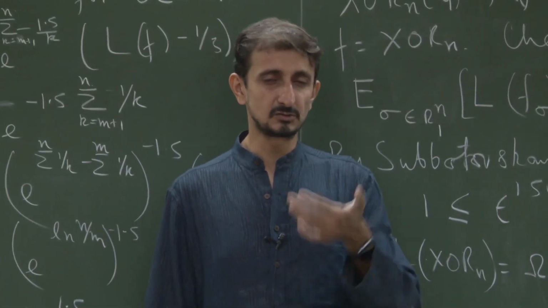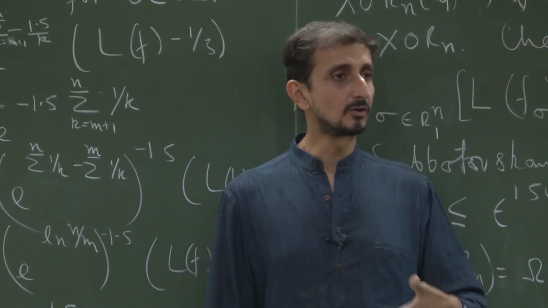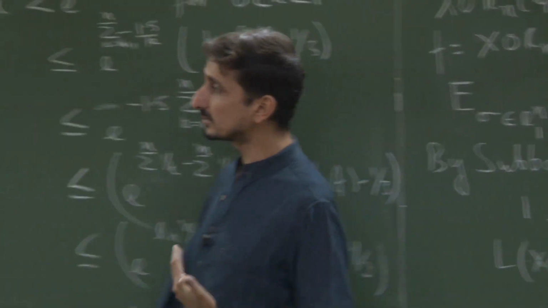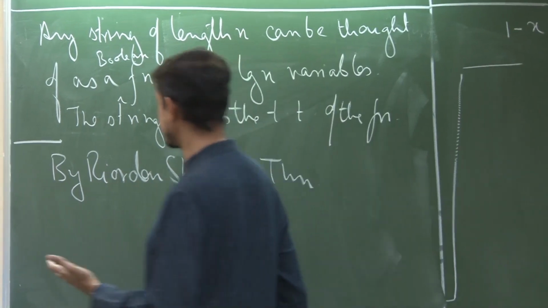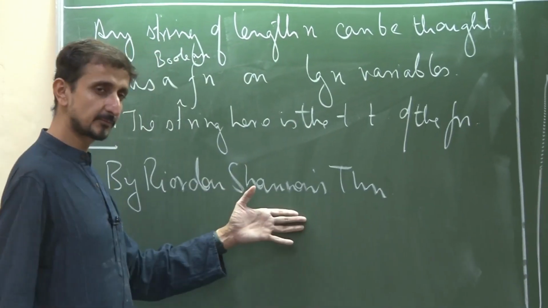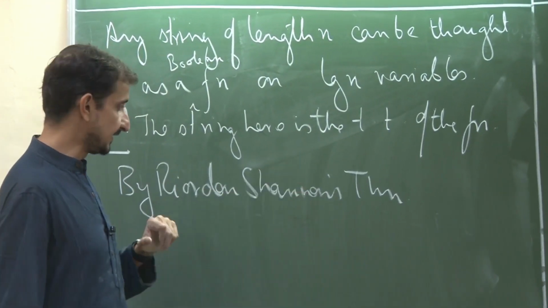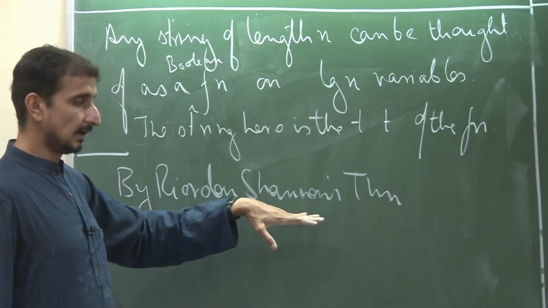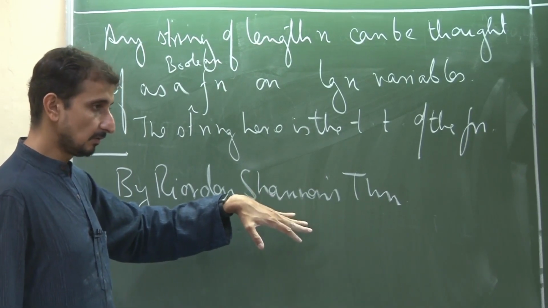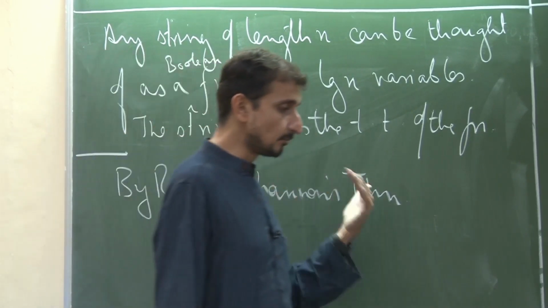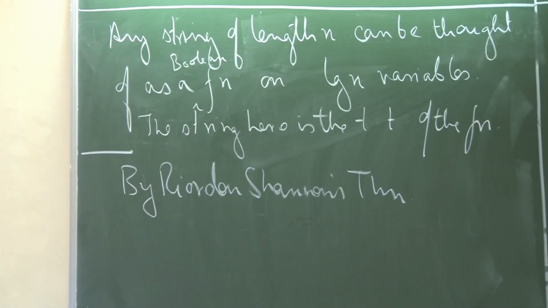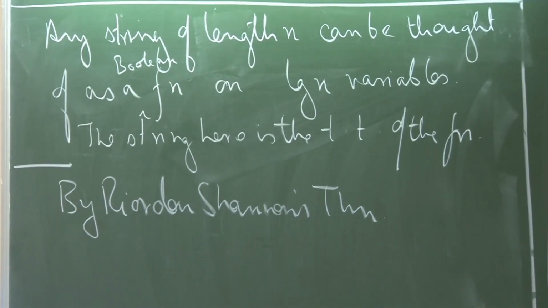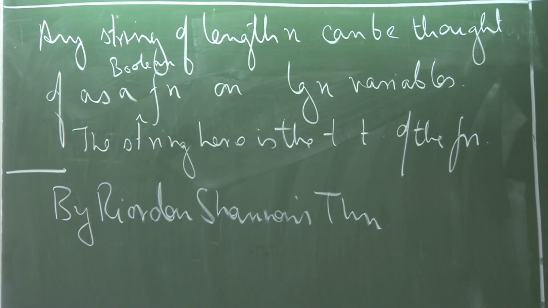Shannon's theorem was a lower bound on the circuit size, and Riordan-Shannon was a lower bound on the formula size. Essentially it says that if I look at any function f on n variables, it said a little more: for most functions on n variables, the formula size is at least 2 to the power n divided by log n.